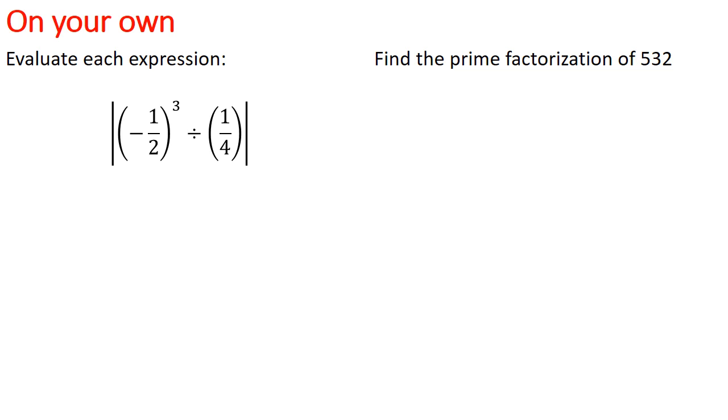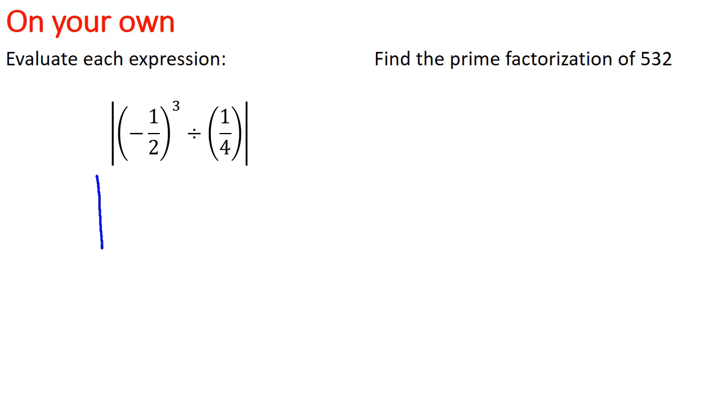So on this first one here, we have evaluate each expression. We have the absolute value of negative 1/2 raised to the third power divided by 1/4. And as we work this out, we're going to have that exponent inside here. So we're going to do negative 1/2 to the third power.